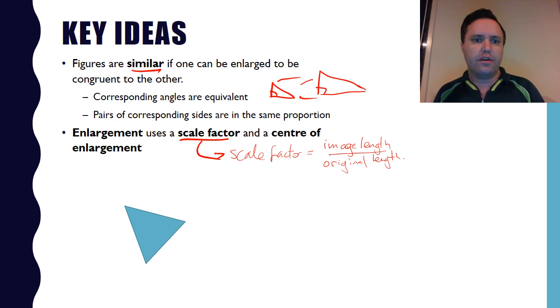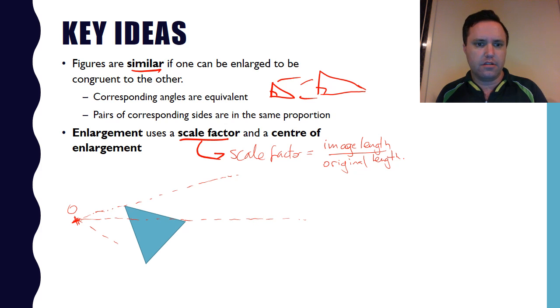So if we've got this scale factor and a center of enlargement, let's make this here the origin. That's our center of enlargement. What we do is a line gets drawn from there through each point or vertex of our original figure. Probably going to go off the page. We'll see how we go.